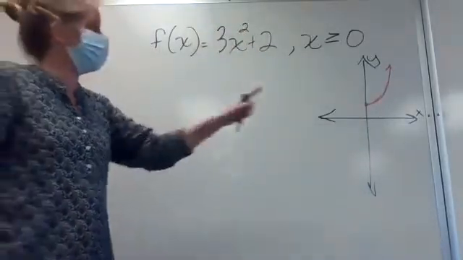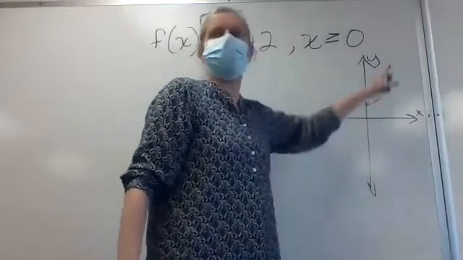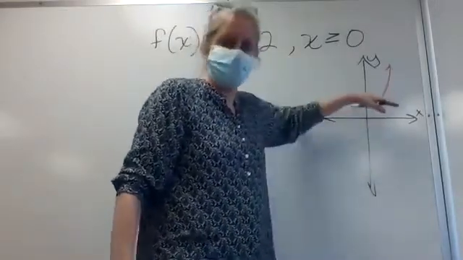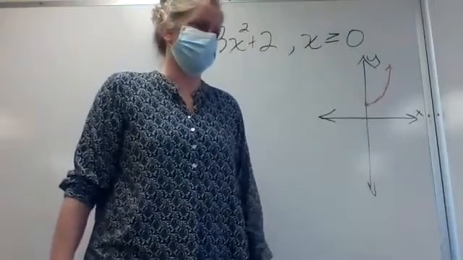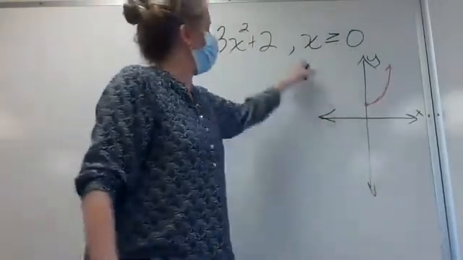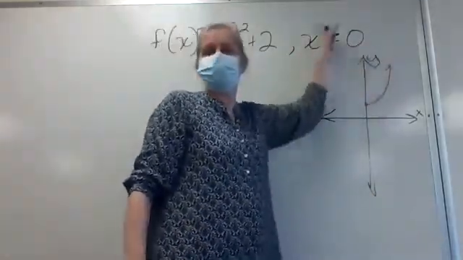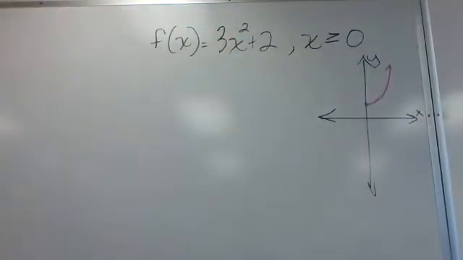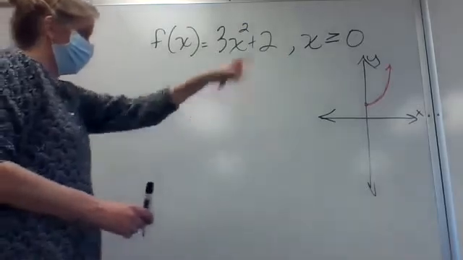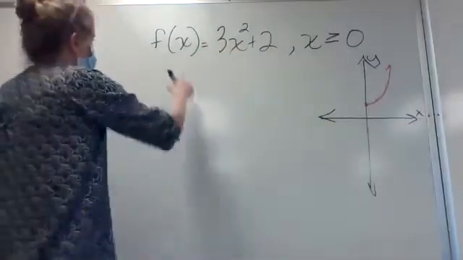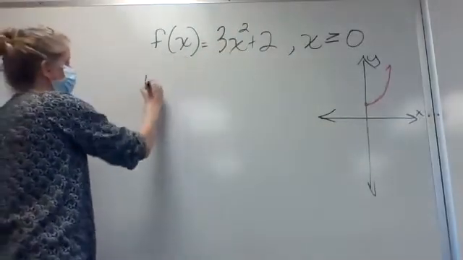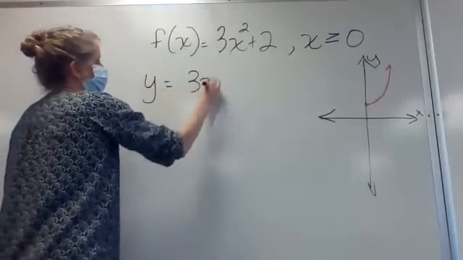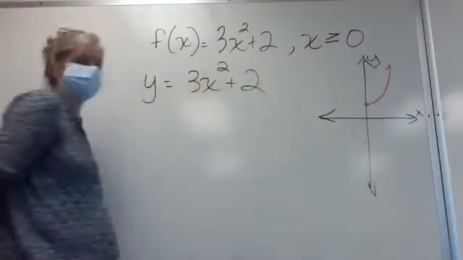So you would just be taking into account this part of the parabola that does pass the horizontal line test. You see what I'm saying? That's all that this right here means. So now let's find the inverse of half of that parabola. This is a y. So y equals 3x squared plus 2.